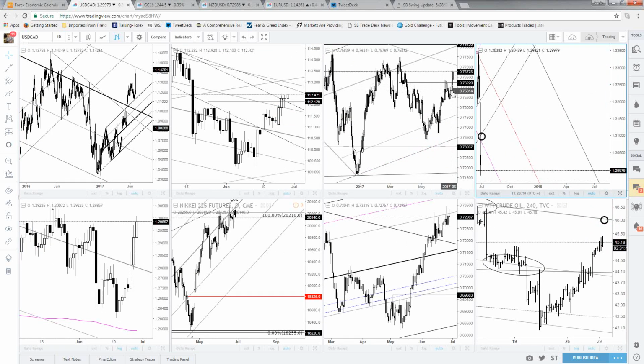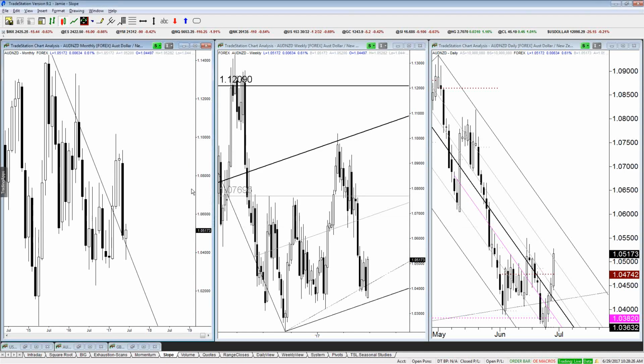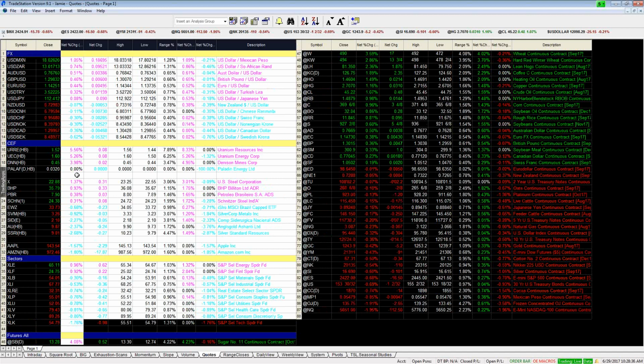Okay, I want to show you the NASDAQ. So the NASDAQ is getting hammered right now. Where are we? Down 112 points. So let's see here.